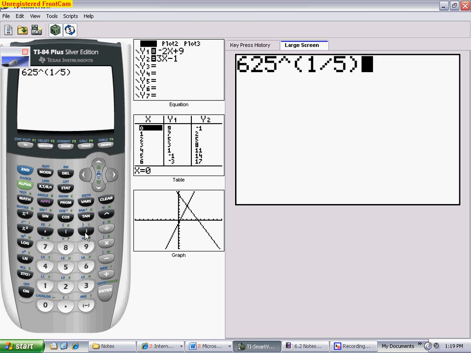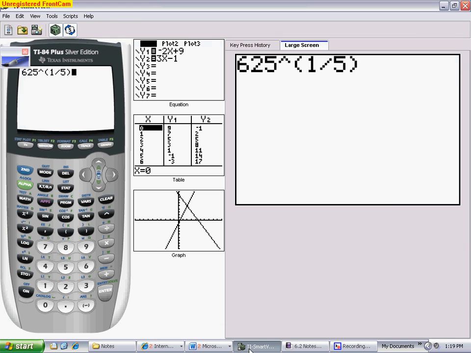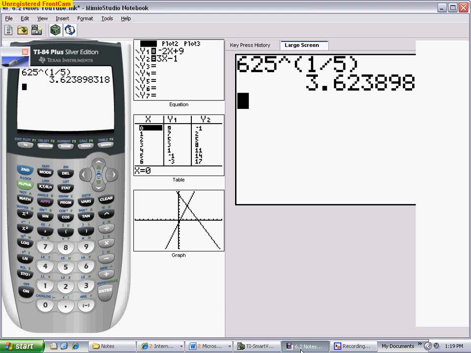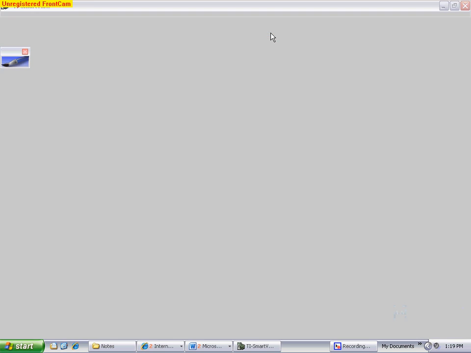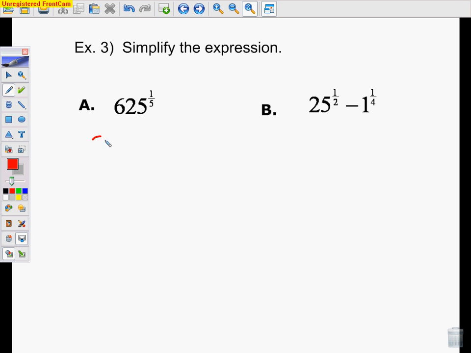So I believe that was 625 to the 1/5 power. Yes. So our answer is approximately 3.623.